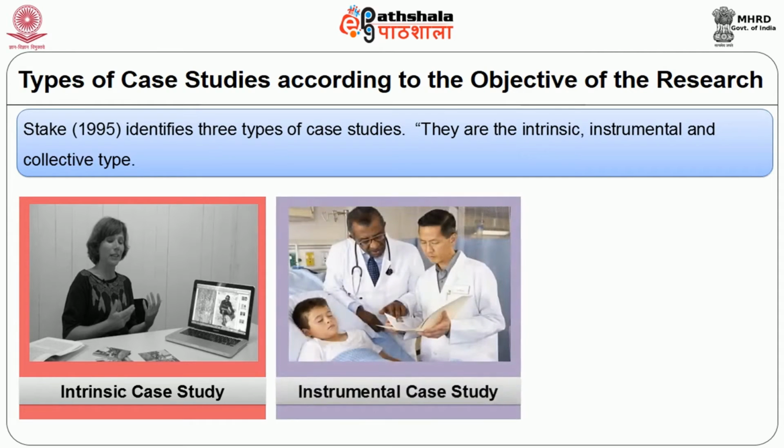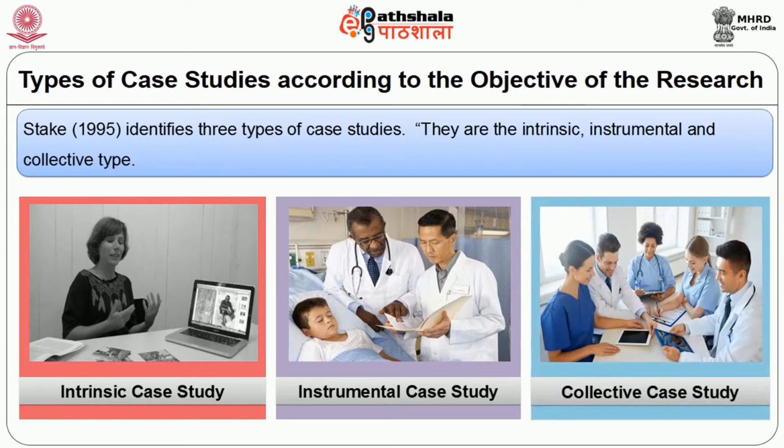The instrumental type of case study is aimed at providing insight into an issue or problem or to refine a theory. In this instance, understanding the complexities of the case is secondary to understanding something else. Example, a case study of a problem with healthcare.